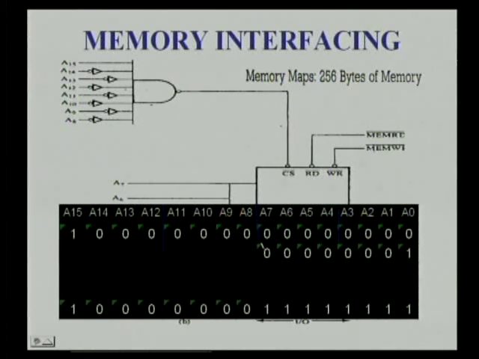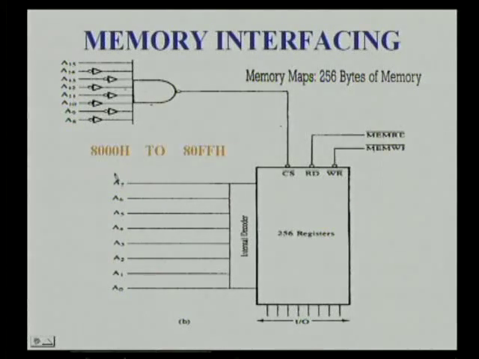So the first address for this chip will now become 8000, and the last address 80FF, because for the lower order addresses, that is A0 to A7, the highest address possible is all ones. Hence the memory map for this is 8000 to 80FF.